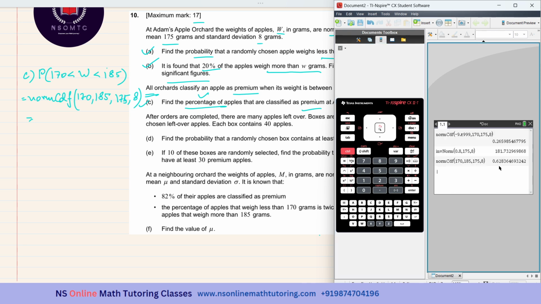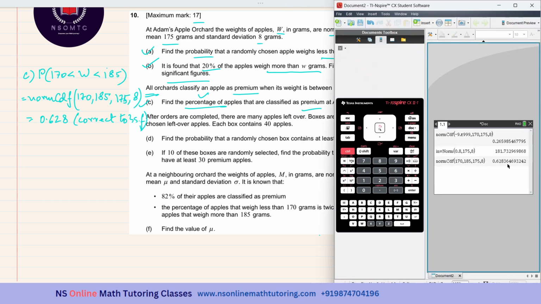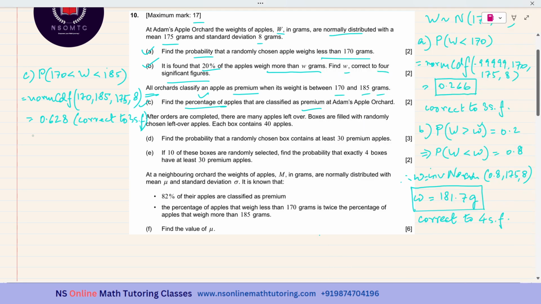It is 0.6283, so correct to 3 significant figures, I am taking 0.628. So this is equal to 62.8%. This is the answer for subpart C.